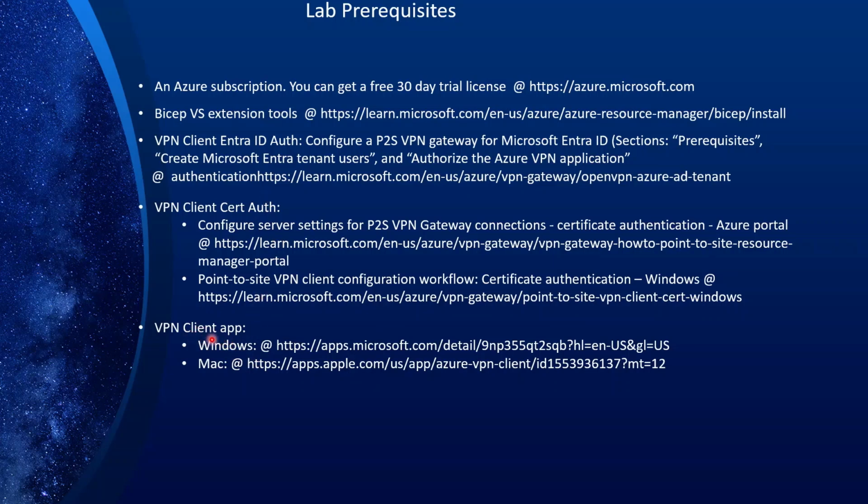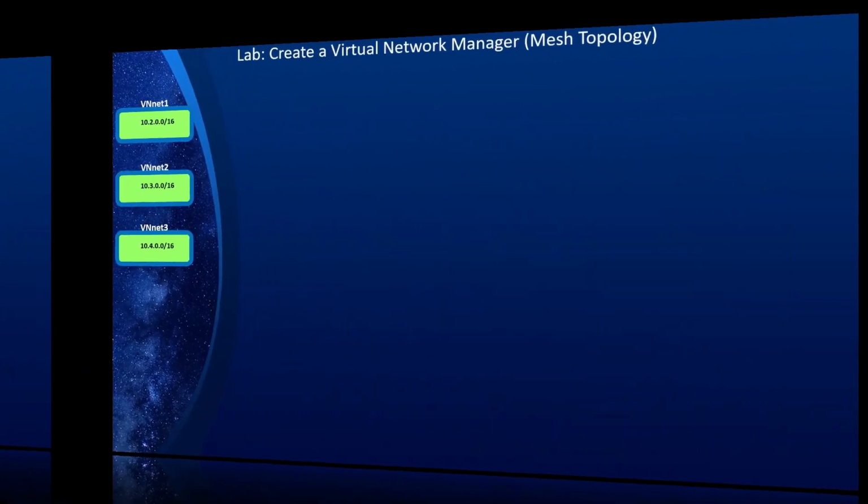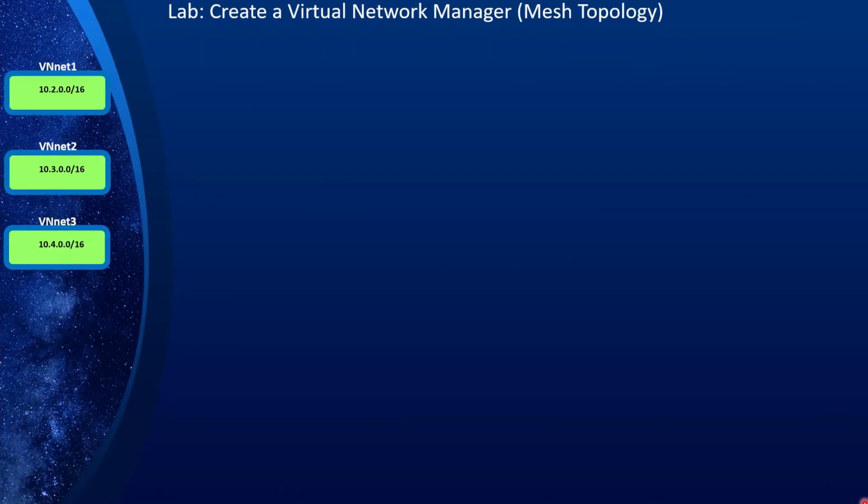And then you also need a VPN client app. Depending on if you're on Windows or Mac, you can get either of those and download. For this lab, we will be creating 3 VNets, and these are the IP ranges for each VNet. Of course, we will be creating subnets in each one of those VNets.